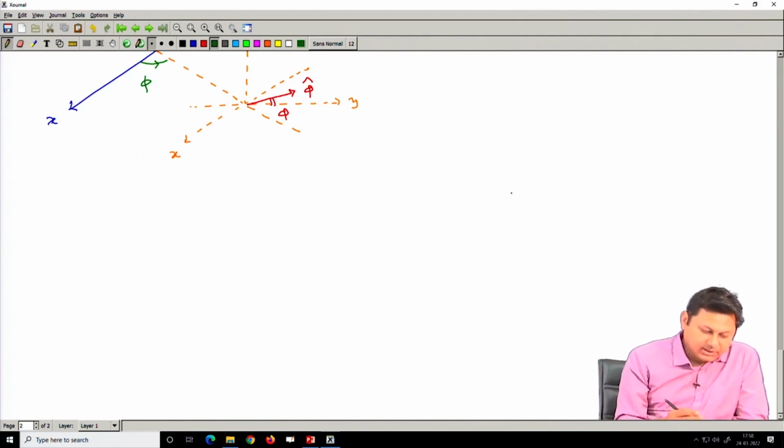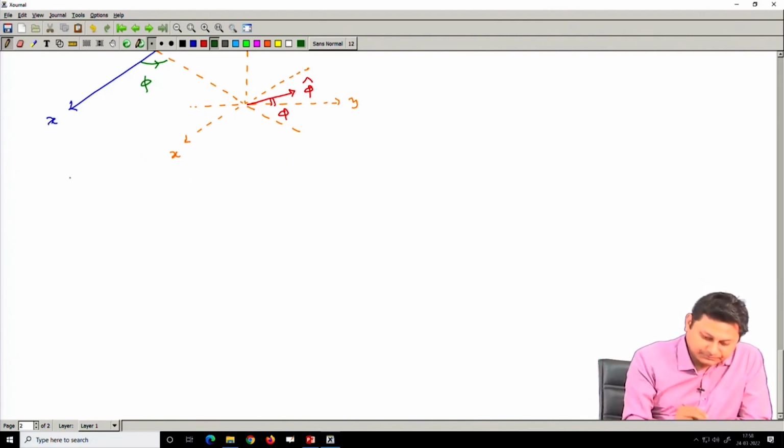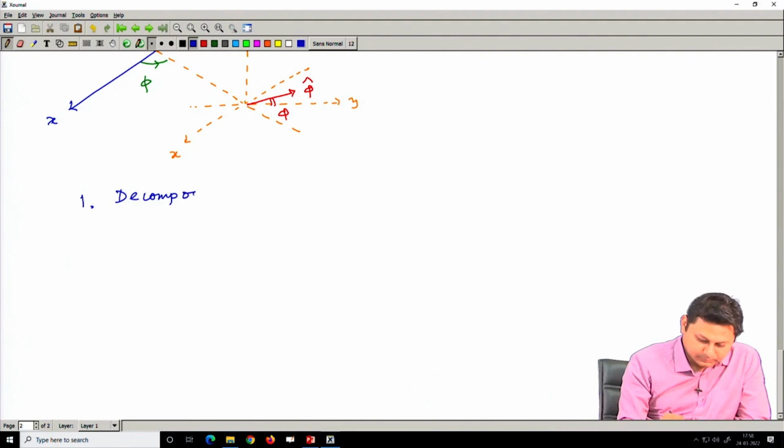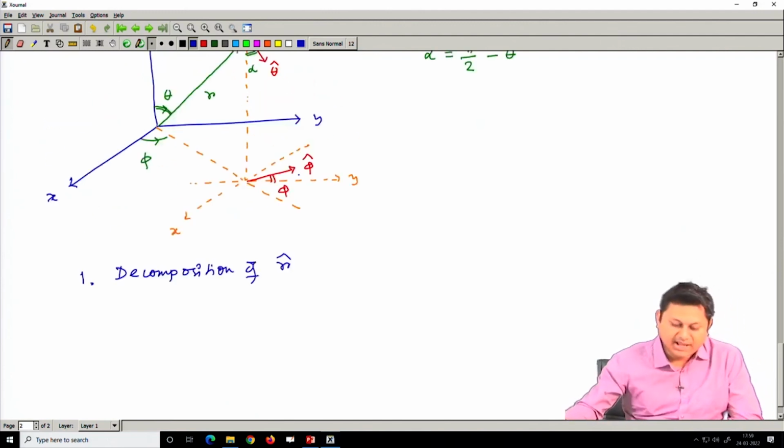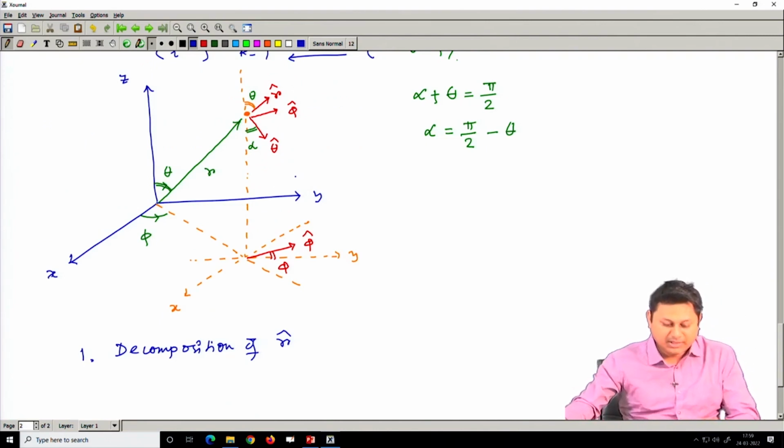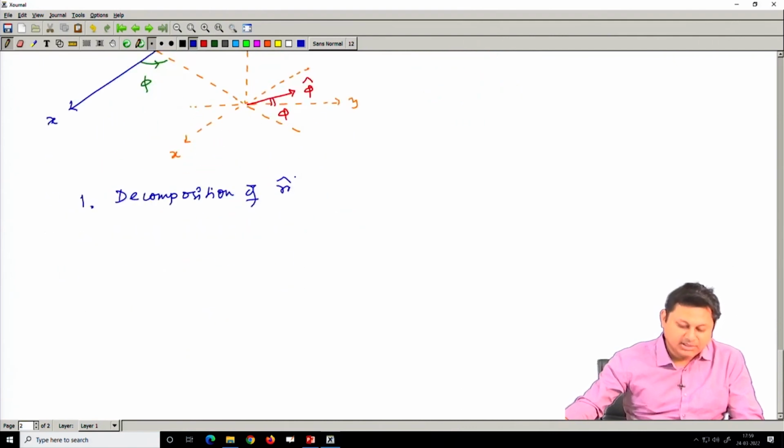So, first thing, decomposition of the r vector. Whatever r unit vector we have, which is hanging in space, I need to decompose along the x, y and z directions to find its components in terms of i, j, k. That is the goal.